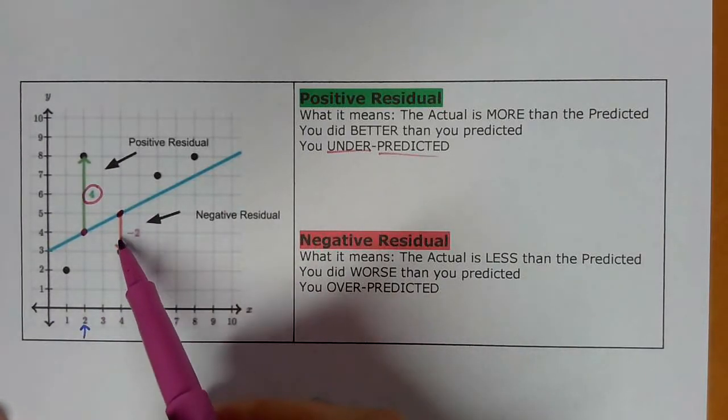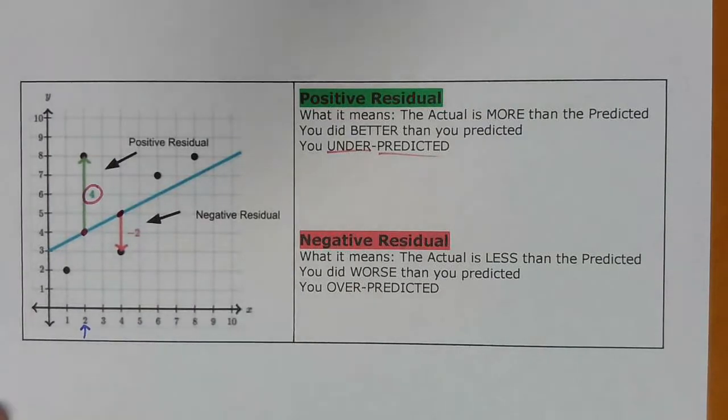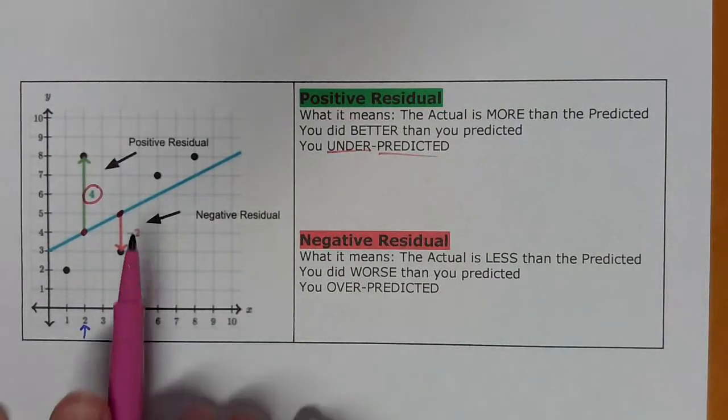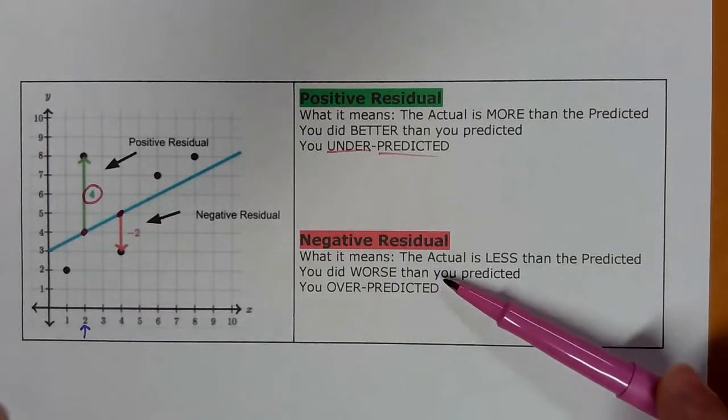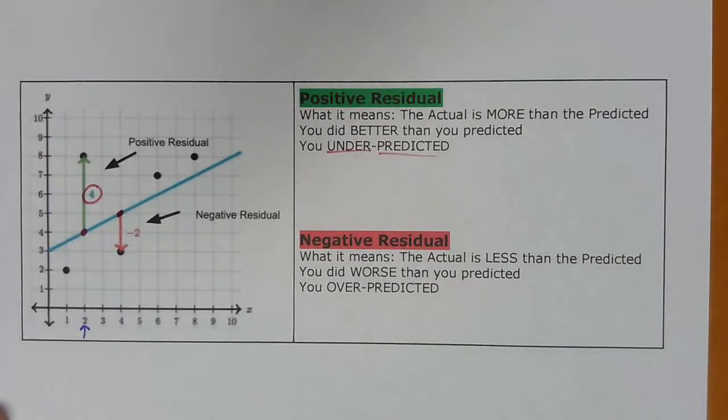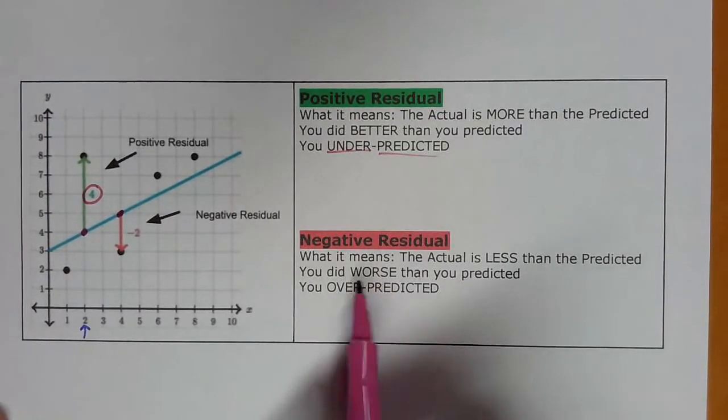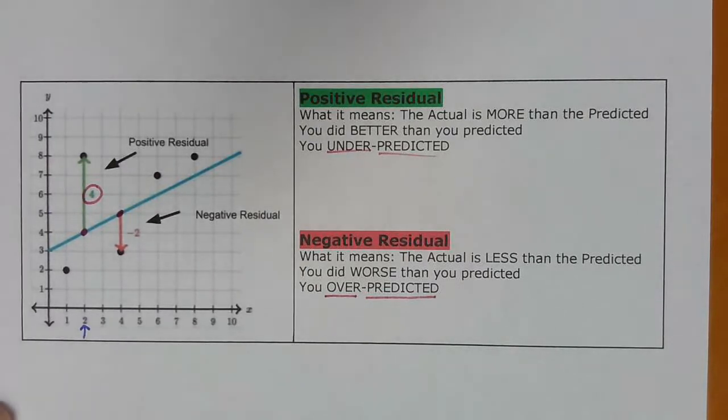So again, we're 2 below what's being predicted, hence the -2 as the residual. So this means your actual is less than you predicted, or if you think about it, you did worse than you predicted. Again, a little counterintuitive, but doing worse means you overpredicted.